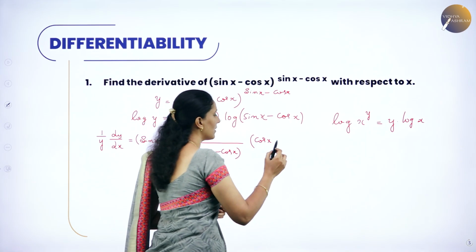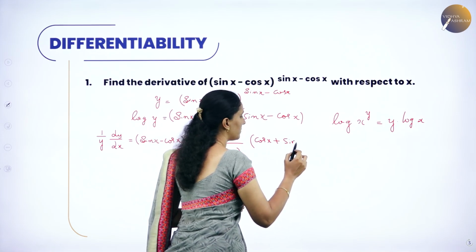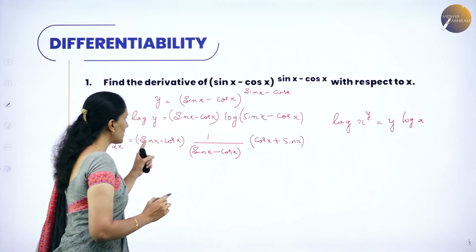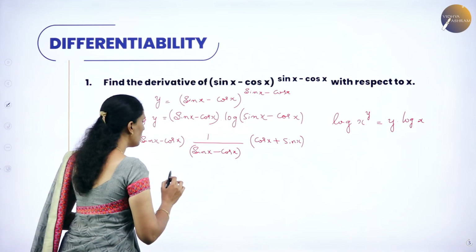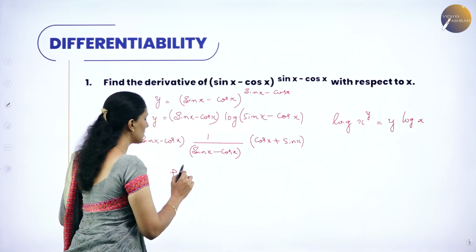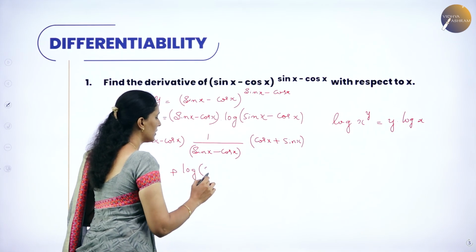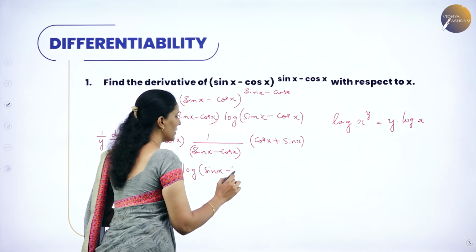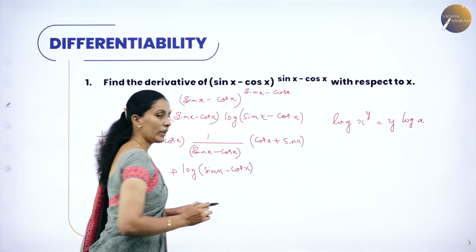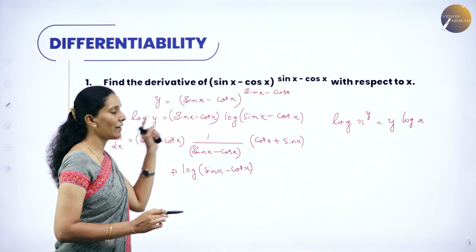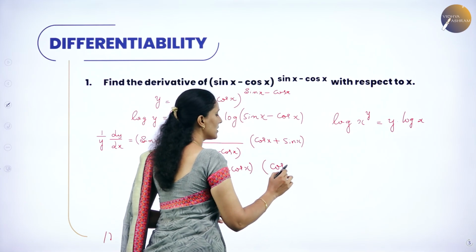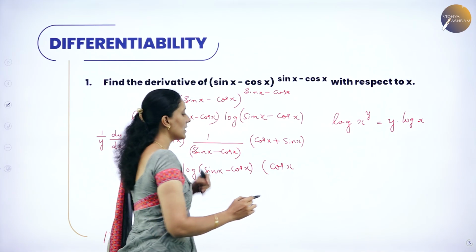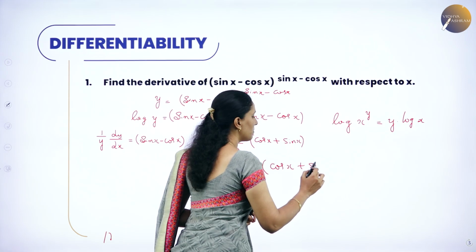You have minus here, it becomes plus sin x. So first function into differentiation of the second is complete. Now second function, that is log of (sin x minus cos x), into derivative of the first. Again the derivative of sin is cos and derivative of cos is minus sin, which becomes plus sin x.